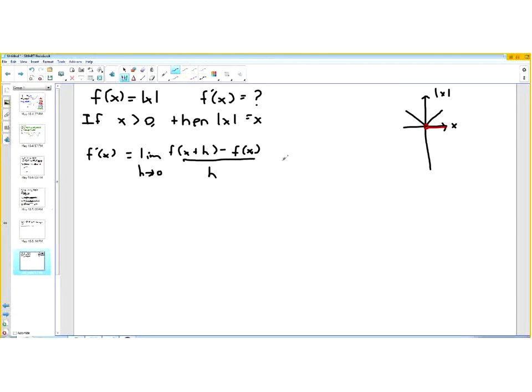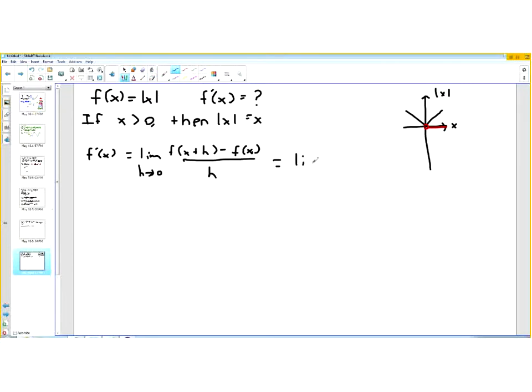When I plug in the definition of f, I'll have the absolute value of x plus h minus the absolute value of x divided by h, and that's the limit. Sorry, I forgot to put the limit.